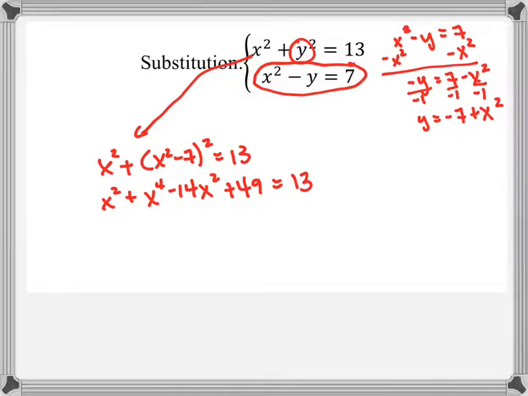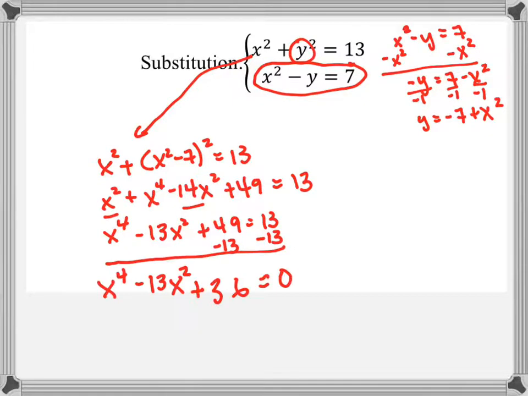I'm going to combine like terms. I have x to the 4th, and then x squared minus 14x squared is -13x squared plus 49 equals 13. Going to subtract 13 from both sides, and we get x to the 4th minus 13x squared plus 36 equals 0.